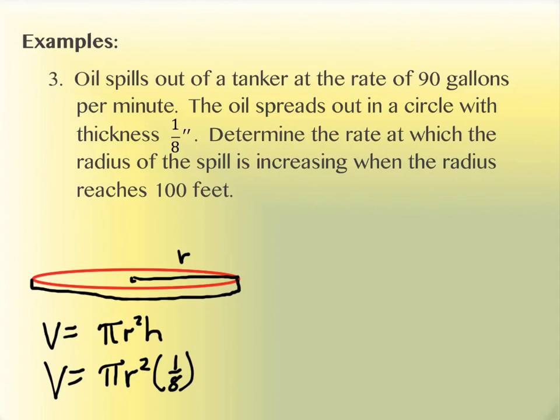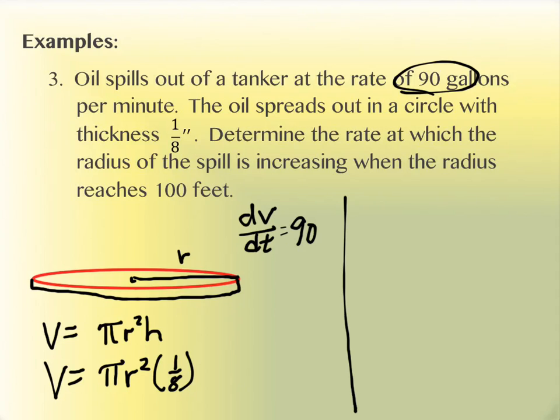All right, so let's write down what we do know then. We know some pieces of, what is this 90 business? Do you know? That's dV/dt. It's 90 gallons per what? Minute.